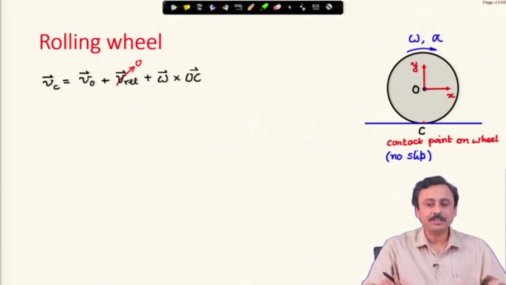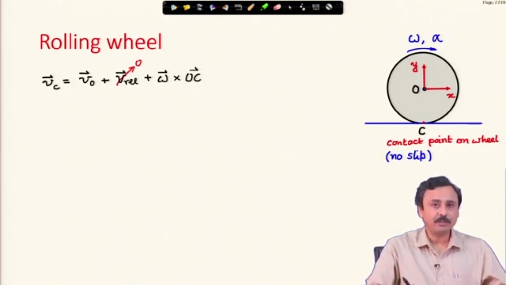If you think about it, OC is a vector fixed to the rotating wheel, because C is a point on the rigid body, O is a point on the rigid body. Therefore, as the wheel rotates, the frame is not rotating, but the vector is rotating, and that must be accounted for. So, that omega cross OC is because of that.